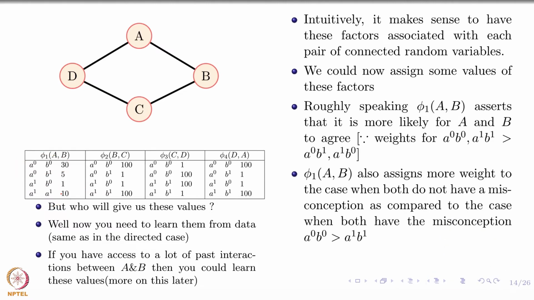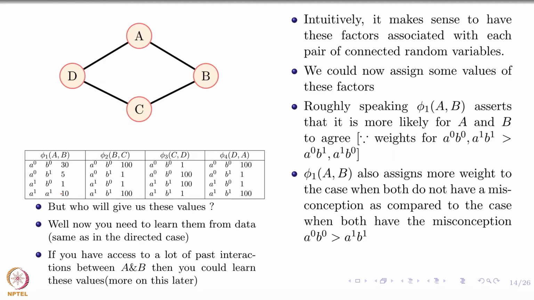The other thing that this is capturing is that it is more likely that both have the misconception rather, sorry, I forget 0 and 1, but what it says is that 0 was no misconception, right? So it's more likely for both of them to not have the misconception than have the misconception, right?